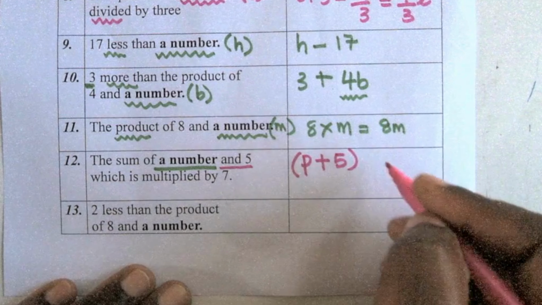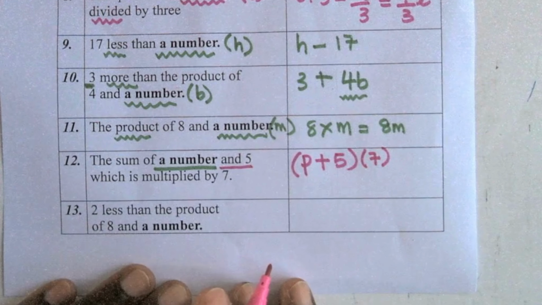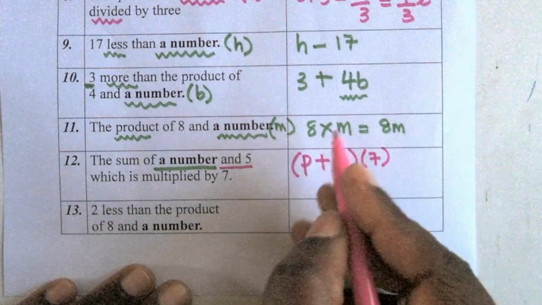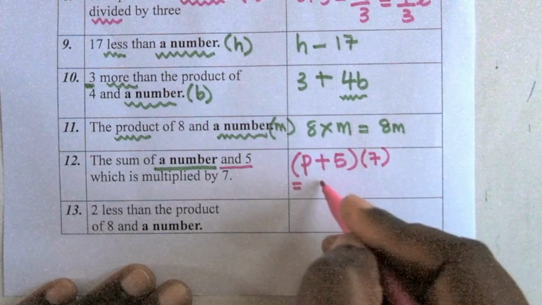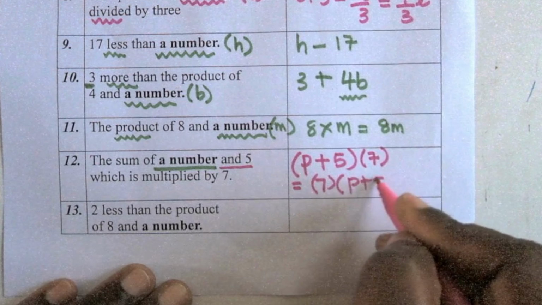So I'm going to multiply here by 7, so I can put a bracket here and put 7 inside. And if I want, I can write it as 7, then P plus 5.